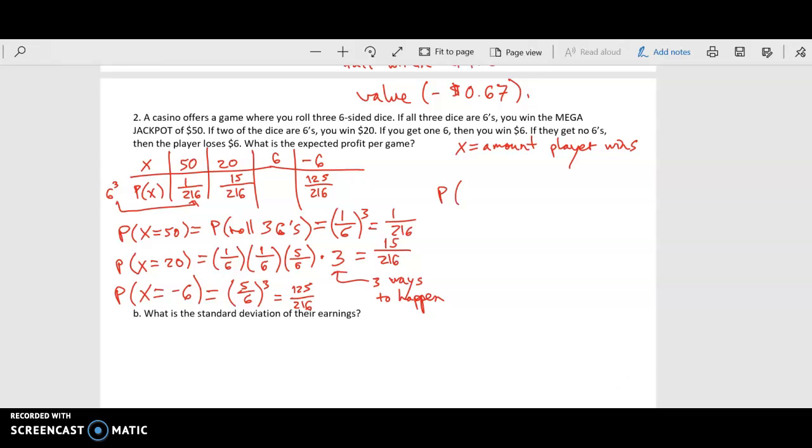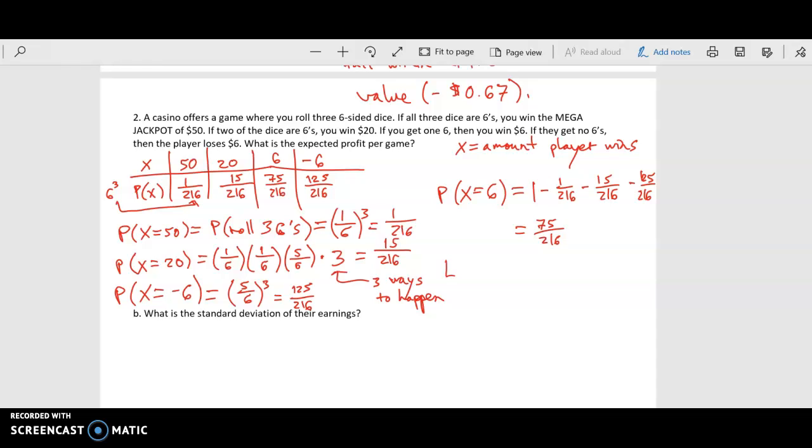That is, the probability that X is 6, or that we win $6, is 100% minus each of these other 3 probabilities. So this is 75 out of 216, and that's what we don't want to do, is count those guys up. That would take forever, right?